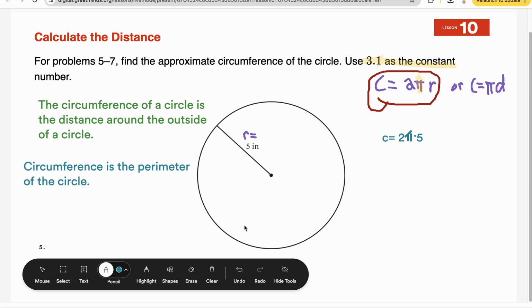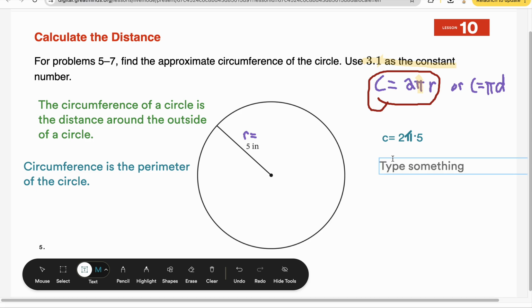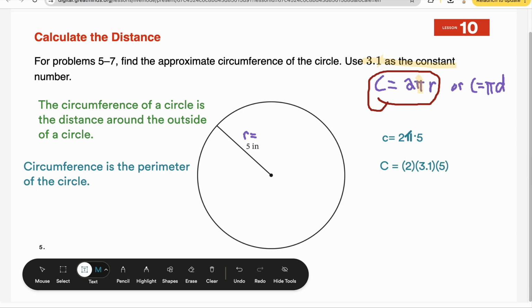But since we're using 3.1 as a constant, what we're doing is the circumference is equal to 2 times 3.1 times 5. So this is the math that we are doing in this particular problem.